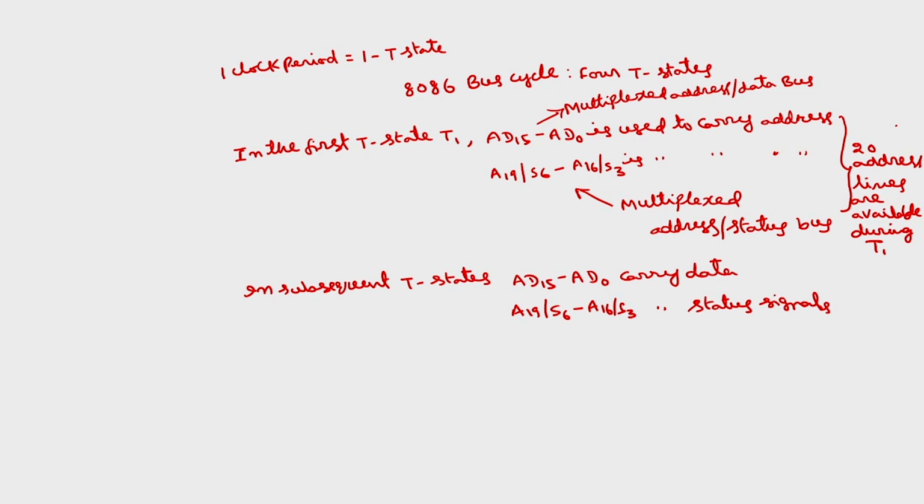So how will this be latched? For that we are going to use another signal called Address Latch Enable, called ALE. ALE is required to demultiplex the address data bus as well as the address status bus.